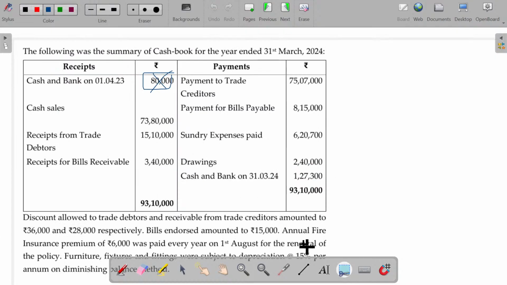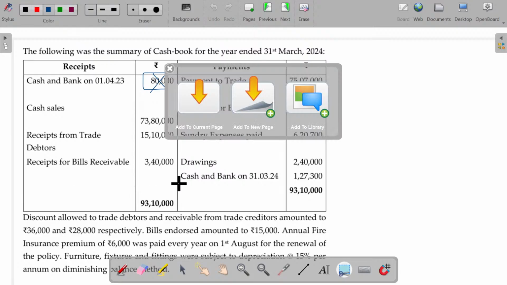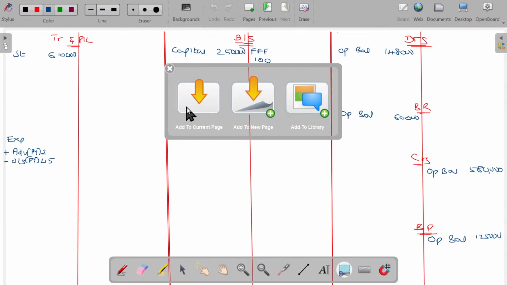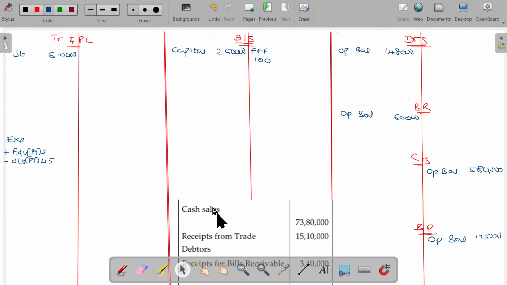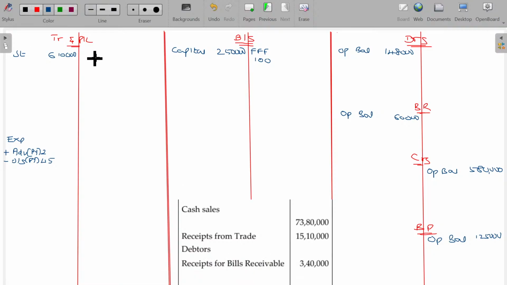Let's go for the receipts and payments. Finish up posting the receipts first of all. Cash sales in trading account, sales related to cash being 73 lakhs 80,000.